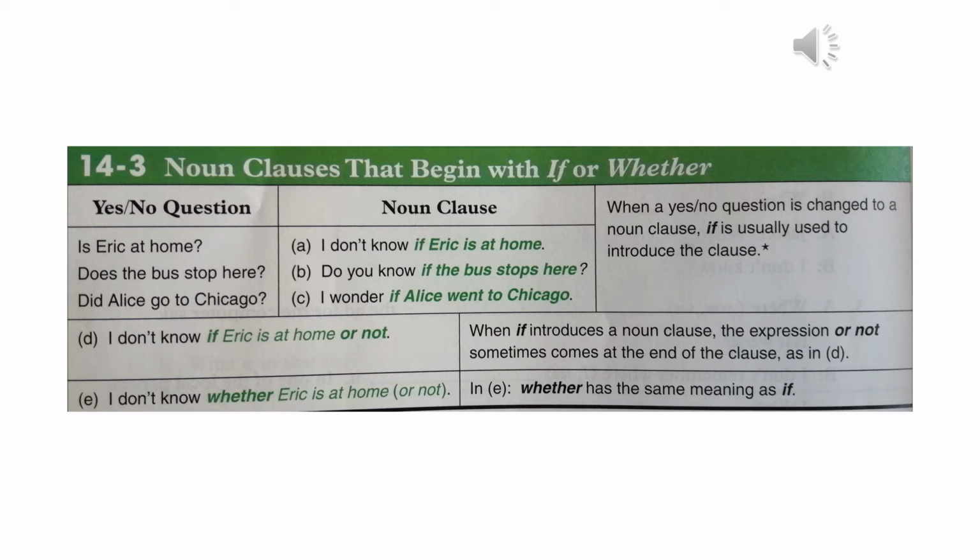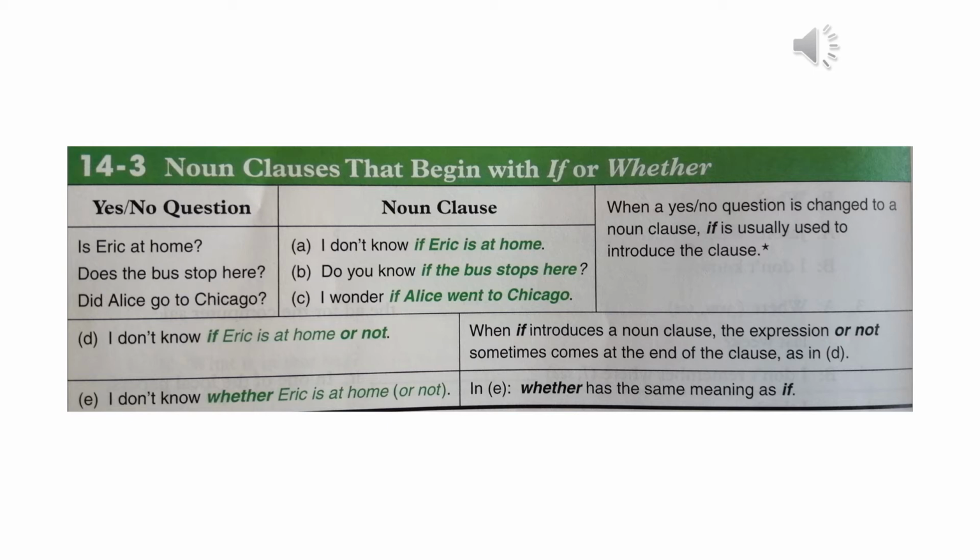Look at the following example to find out the changes. Is Eric at home? I don't know if Eric is at home. The first thing that you can notice is the introduction of if at the beginning of the noun clause. The second thing is that the subject and the verb go back into their normal positions.